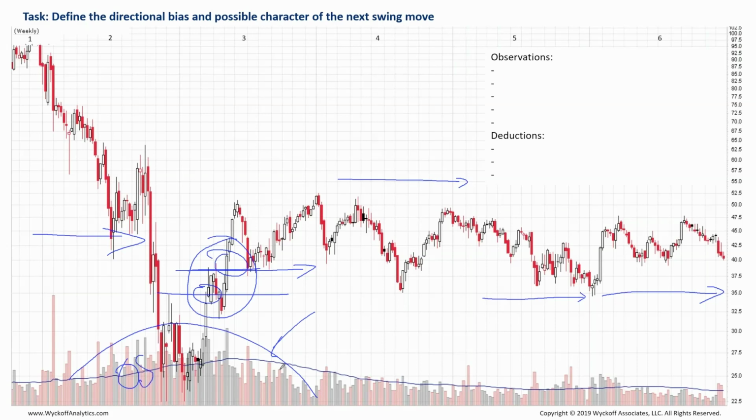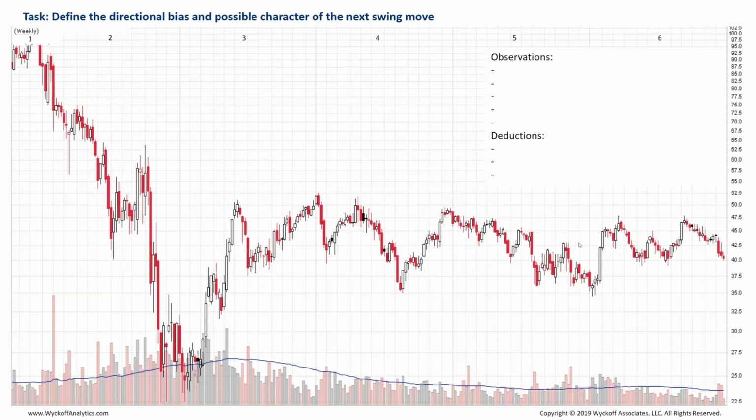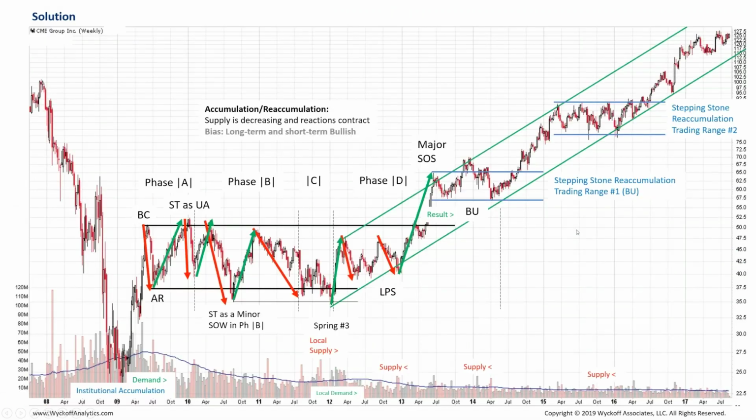What do they do? Well, look at the price action: oversold condition, lots of value. Does the rally confirm that they were buyers? Absolutely. So then bullish, volatility, and then the character changes. And in this case, this was bullish. Yes, this was Chicago Mercantile Exchange.